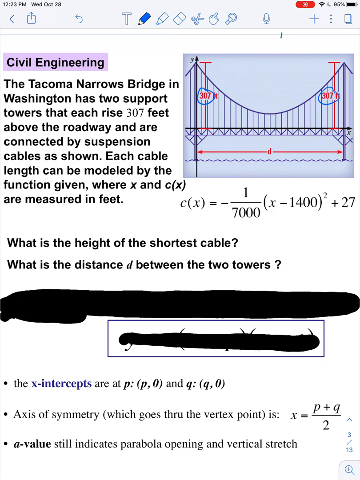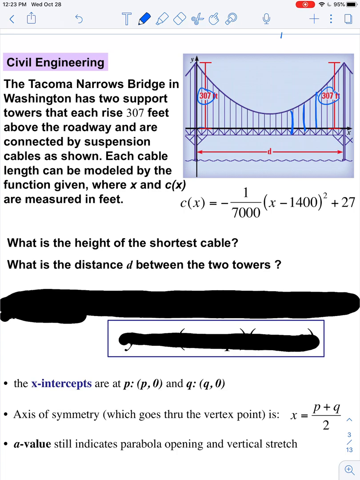The x is how far out you are in this bridge, and then the y is how tall the wire is at that spot. So if you go out to a certain spot, what is the height of the cable, this measurement here at any given spot?